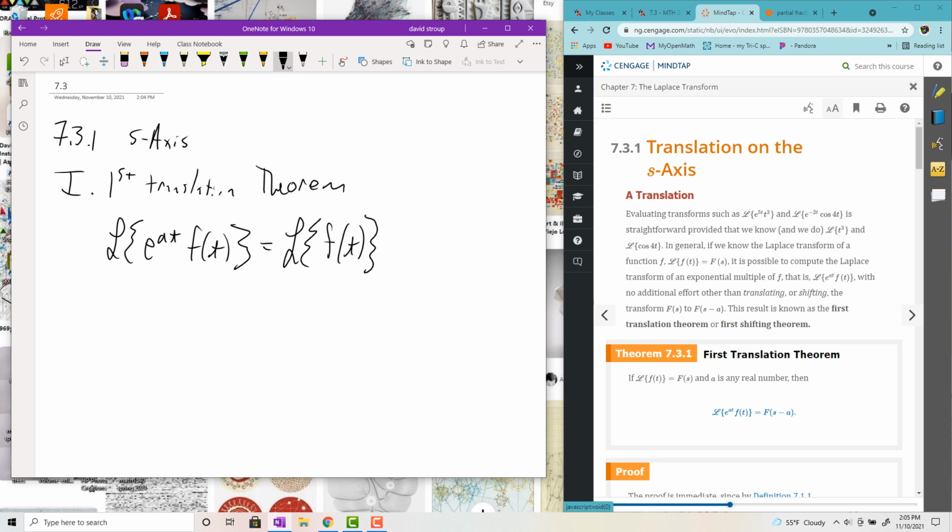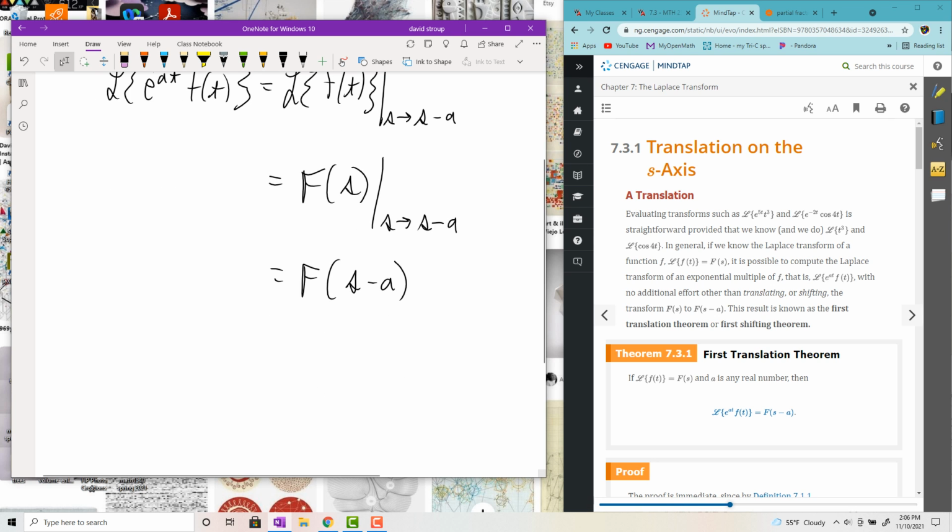Okay, so you'll draw this bar, write s, arrow, s minus a. So at the end, you'll have F of s evaluated by replacing s with s minus a, and so you'll end up with F of s minus a.